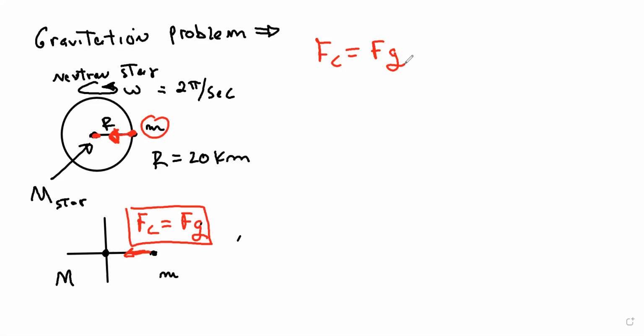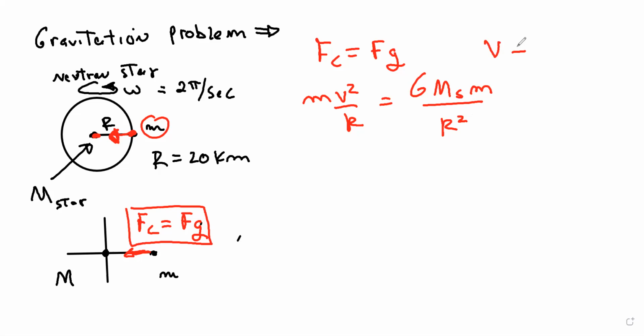The centripetal force is going to be little m, v squared over r. And that's going to be equal to the constant of gravitation, the mass of the star, times the mass of the little particle, over r squared.